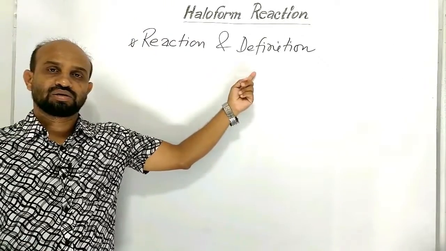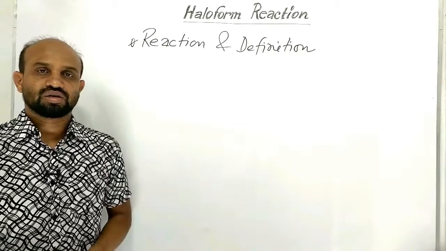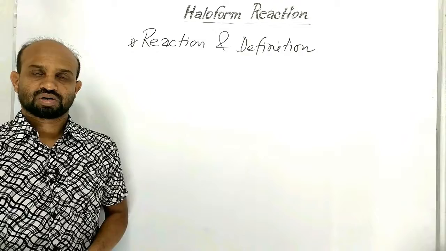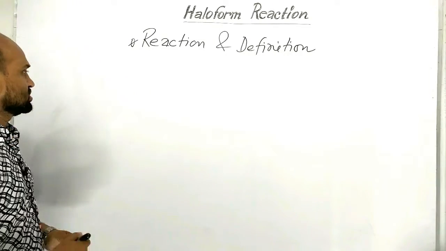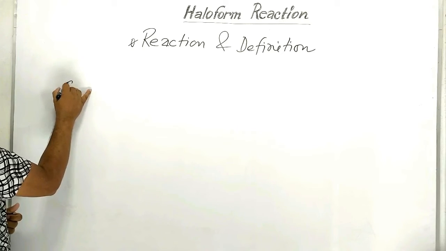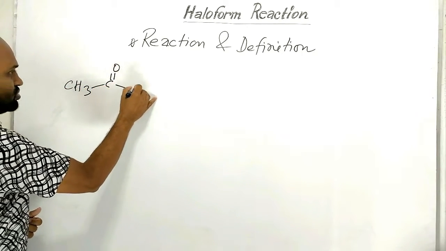Reaction and definition of haloform reaction. Let's write a general compound, carbonyl compound with methyl carbonyl group, that is CH3COR.